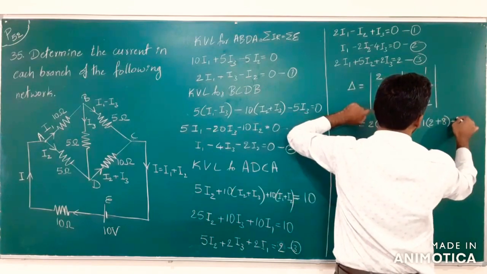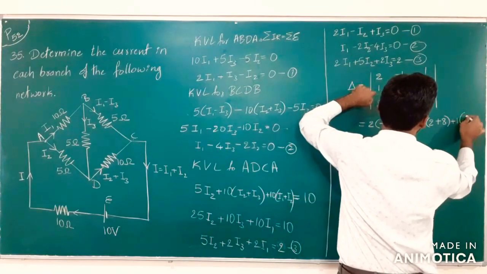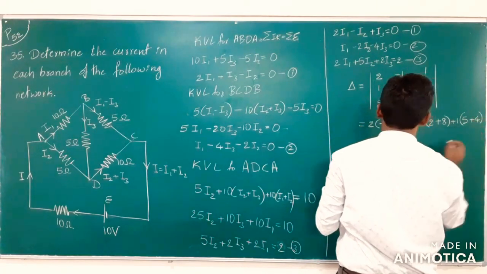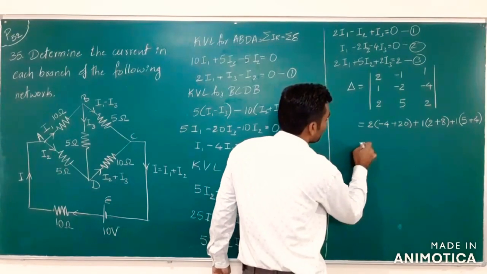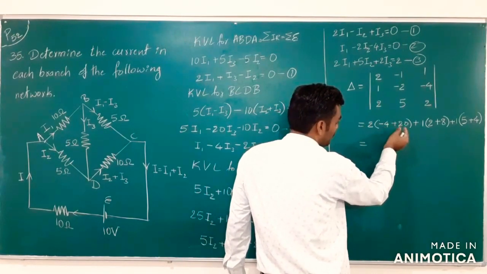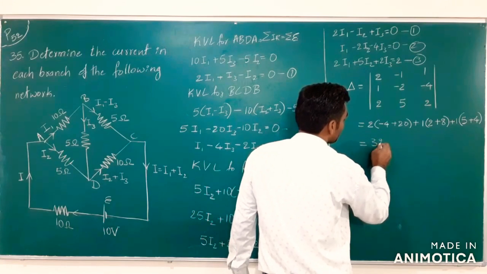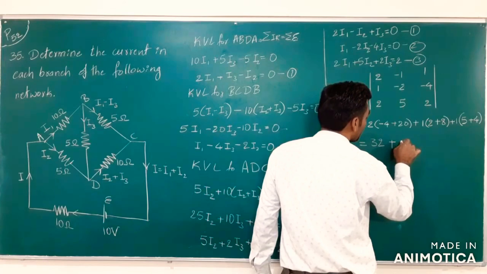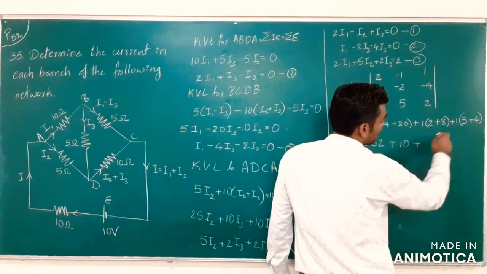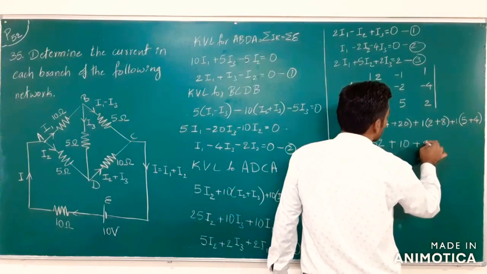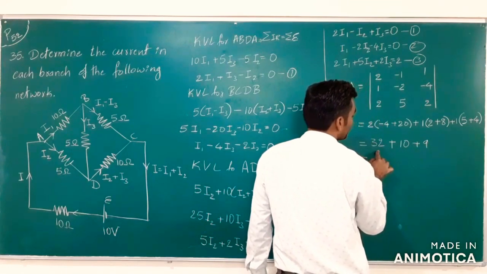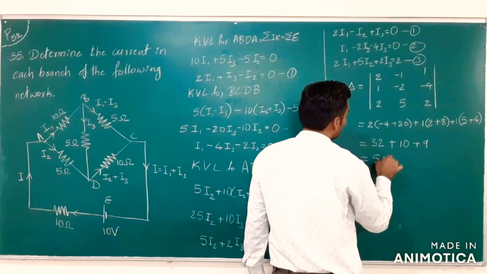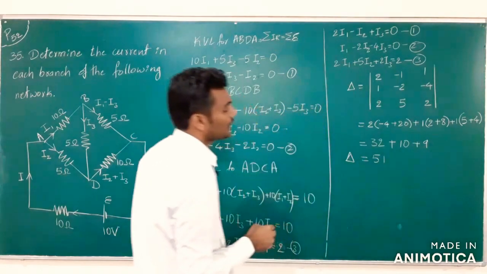Next is plus 1 into 5 ones are 5, minus into minus plus 2 twos are 4. Meaning 20 minus 4, 16, 16 twos are 32, plus 8 plus 2 is 10, plus 5 plus 4 is 9. So it is 32 plus 10, 42 plus 9, 51. So we have the value of delta given by 51.